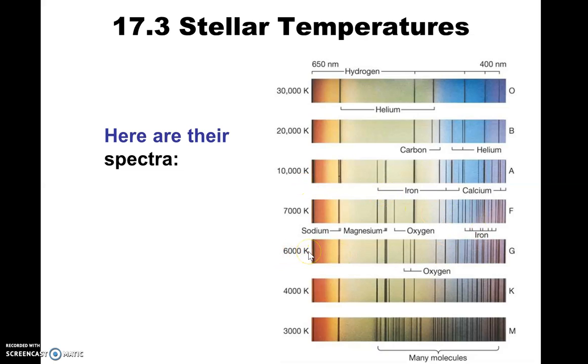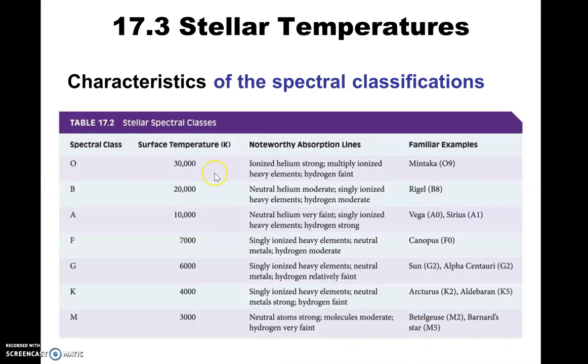Notice this is the range. The sun is just around 5,000. There's a range of these, by the way. It's not just one particular temperature. So the sun is 5,800 Kelvin. K stars a little cooler, M stars even cooler, and of course L and T stars even cooler than that.